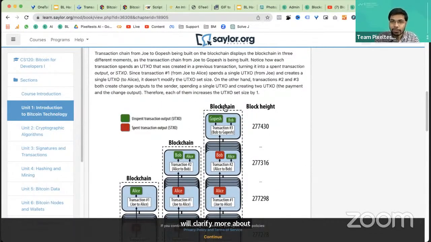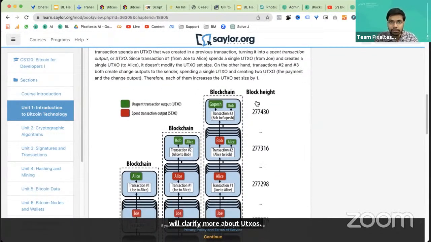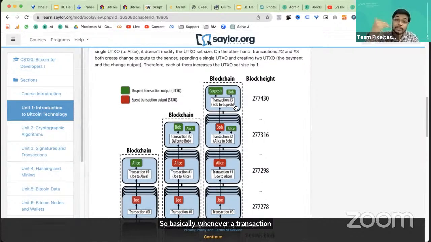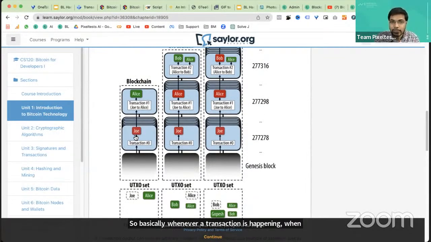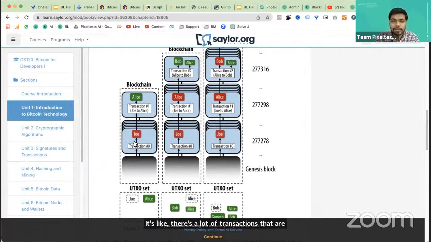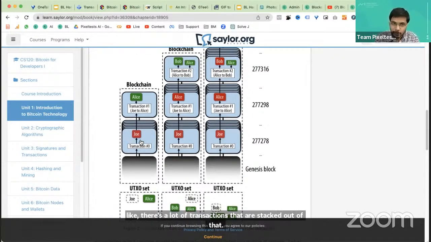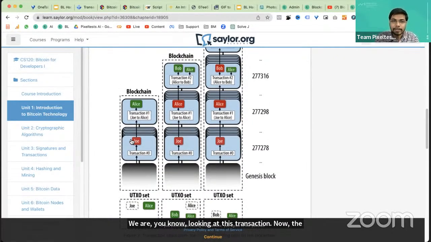So basically, whenever a transaction is getting uploaded onto a blockchain, there are a lot of transactions that are stacked. Out of that, we are looking at this transaction. Now the person Joey is sending some Bitcoin to Alice, right?